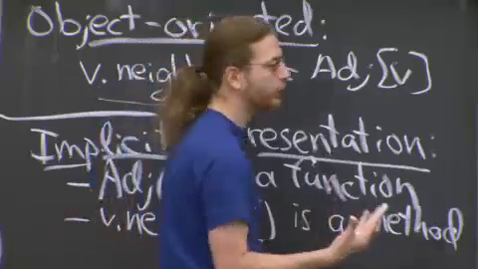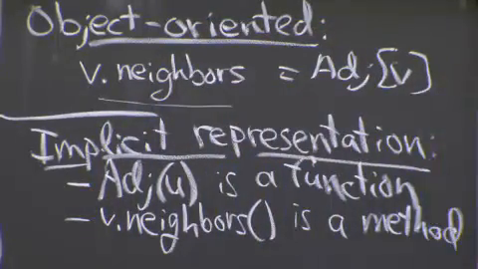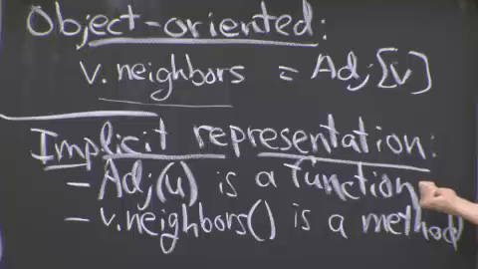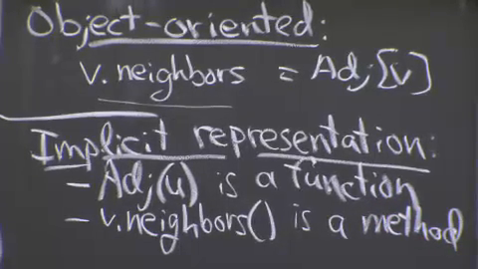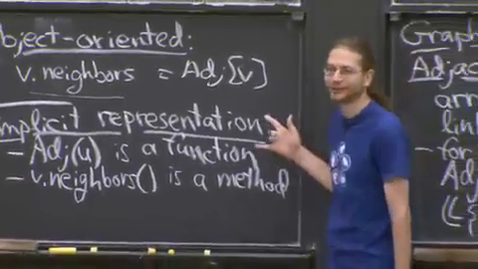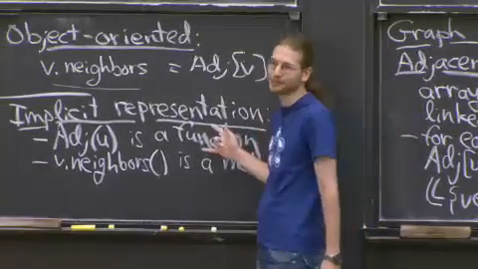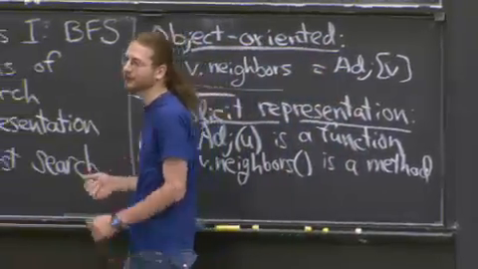Meaning it's not just stored there explicitly. Whenever you need it, you call this function and it computes what you want. This is useful because it uses less space. You could say this uses 0 space, or maybe v space, one for each vertex.